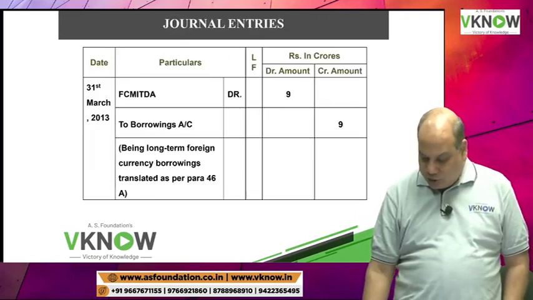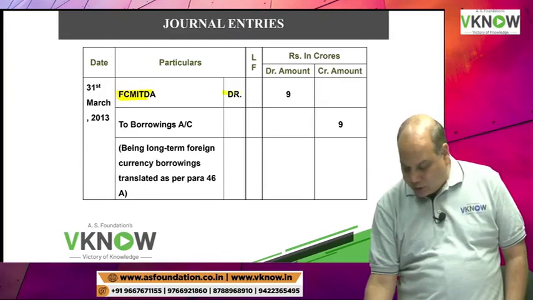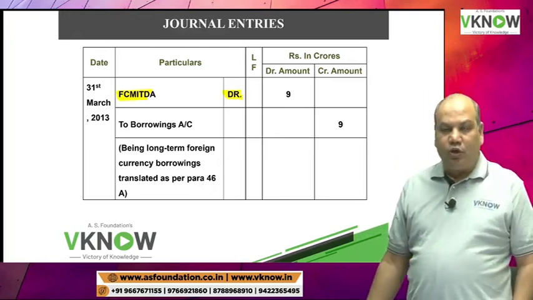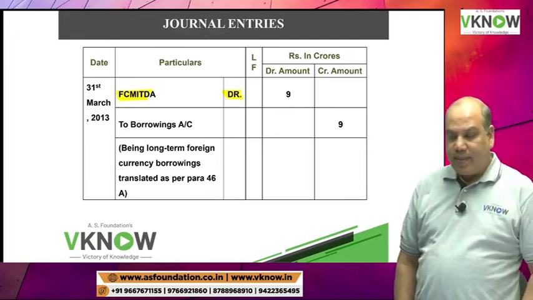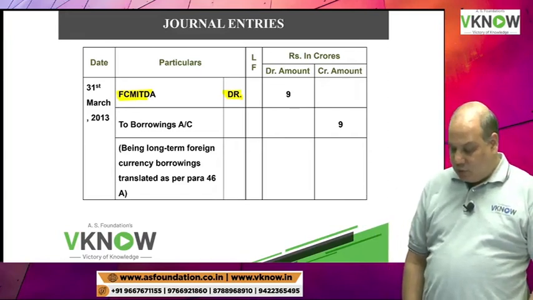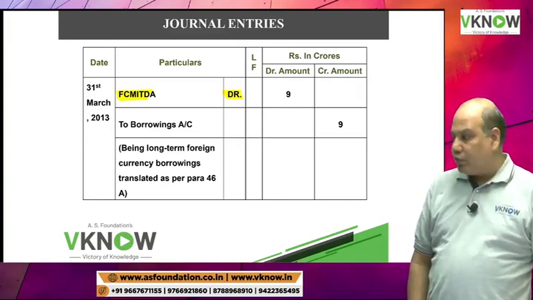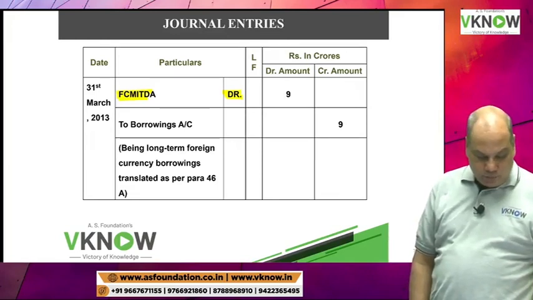So next two entries are FCMITDA account debit 9 crore. Because exchange rate has gone up, my loss will be there, and I will increase the liability 9. Calculations have been done. To borrowing.